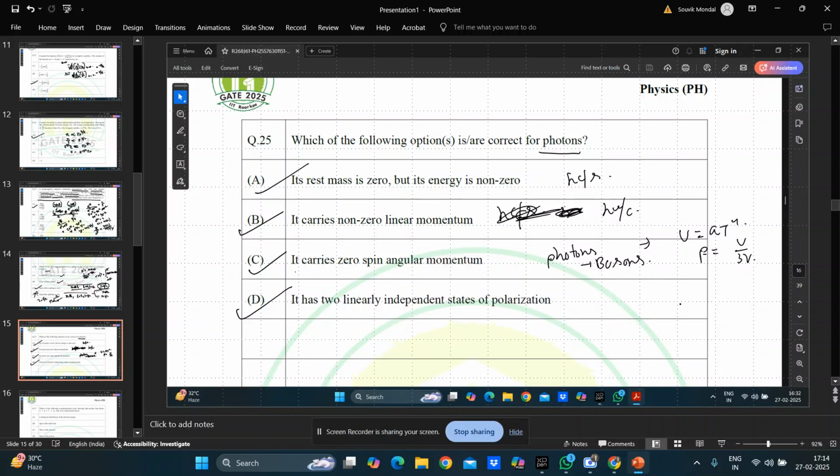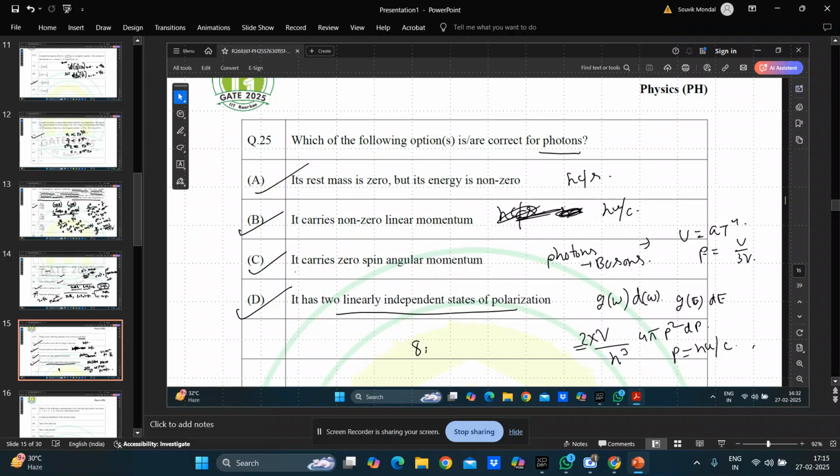Yes, this is true. That is why, recall, when we write g(omega) d omega, or say g(E) dE, what is the technique? The technique is V by h cube into 4 pi p squared dp, right? And substitute p is equal to h nu by c for a photon. But you have to consider the two linearly independent states of polarization. That is, a degeneracy of two should be multiplied.